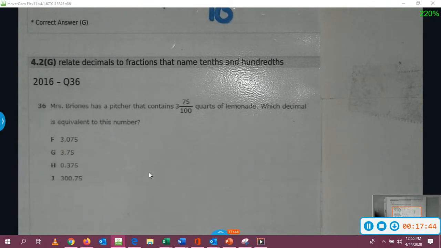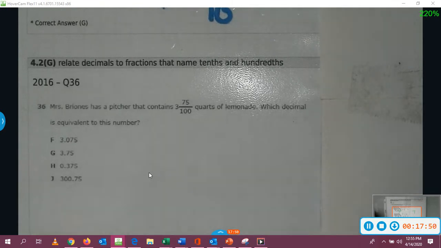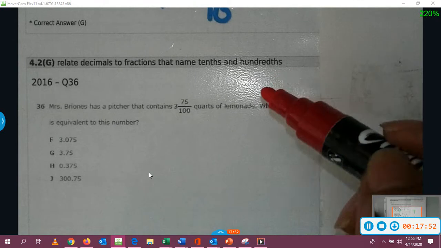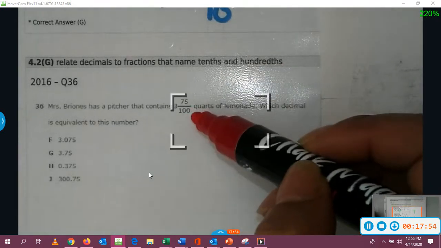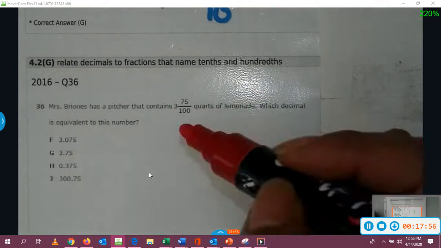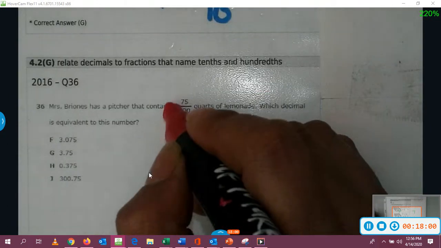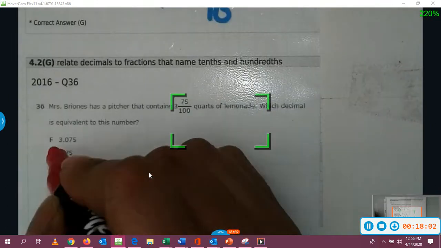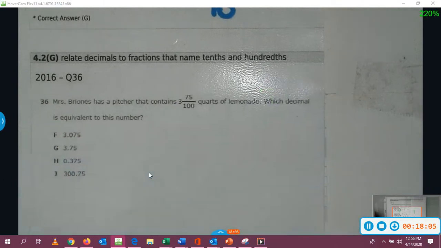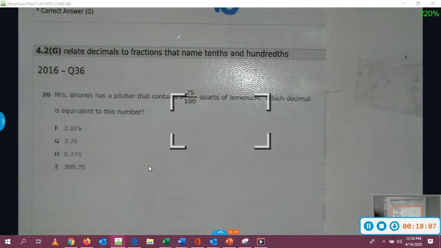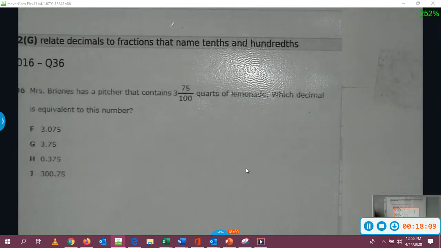Again, equivalent means the same. So we're looking for the decimal that represents the same value as this fraction. We know that the 3 is 3 whole numbers. So we're looking for the one that has 3 as a whole number. If it doesn't have 3 as a whole number, it's automatically thrown out.